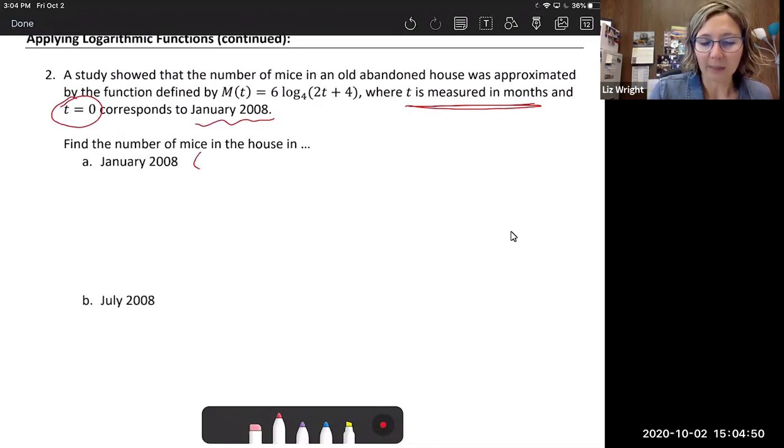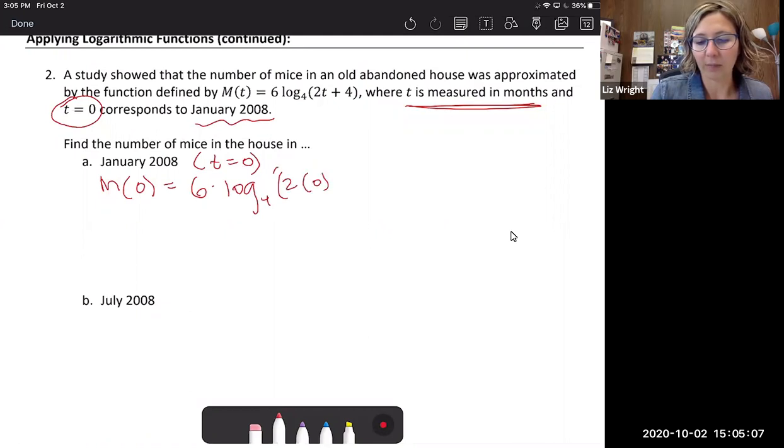Well, what that means is we're plugging in t equals 0 for this one. So we're going to find m of 0, and that's going to be equal to 6 times log base 4 of 2 times 0.